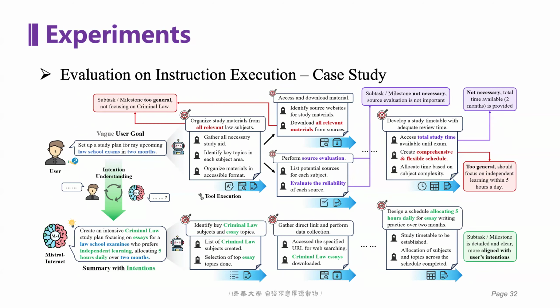And we can see from the case here, if the user's vague goal is directly carried out by the X agent, the subtasks or milestones are too general and not focusing on what the user really wants. And also there are some subtasks and milestones that are not necessary.